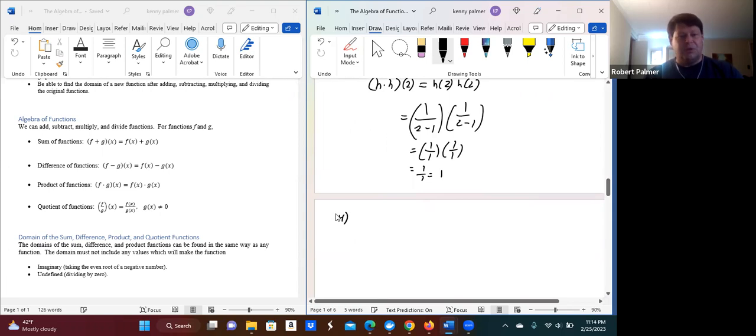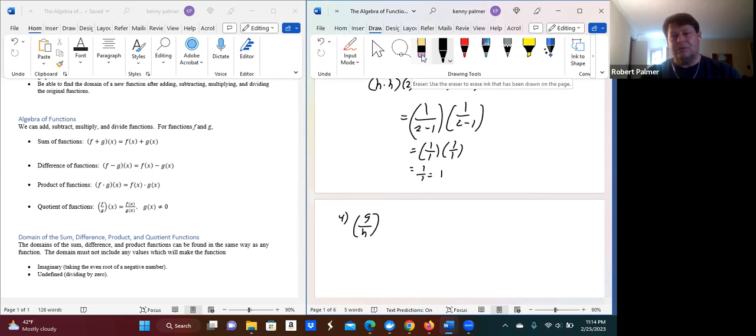For 4, let's do a division one. All right, this time, how about we do g divided by h of x.